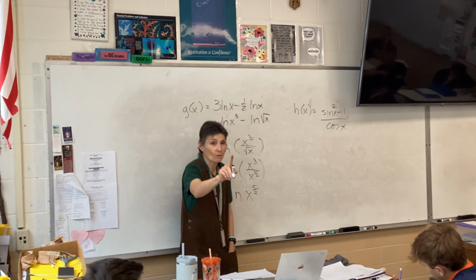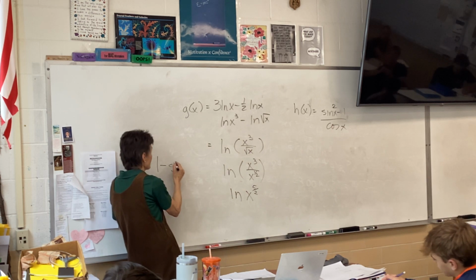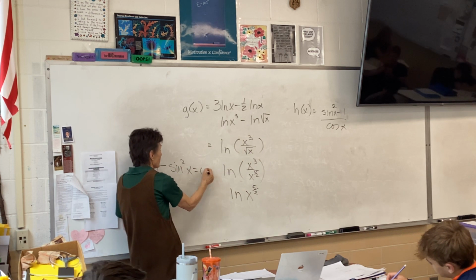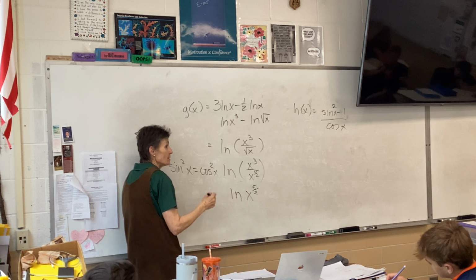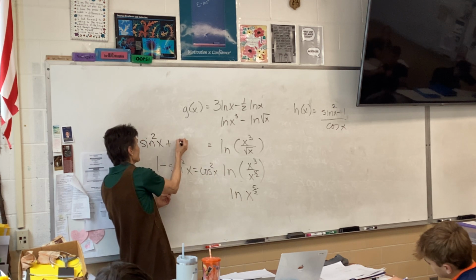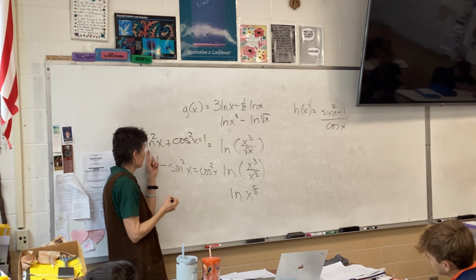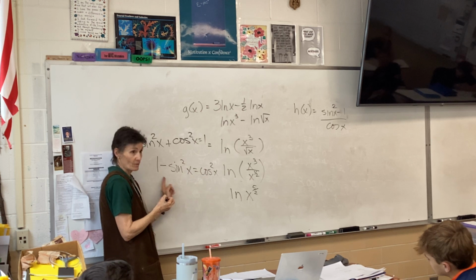Okay, so Riley says 1 minus sine squared is cosine squared. And if you forgot that, you certainly will never forget sine squared plus cosine squared equals 1. So if you subtract the sine squared over, this is true.